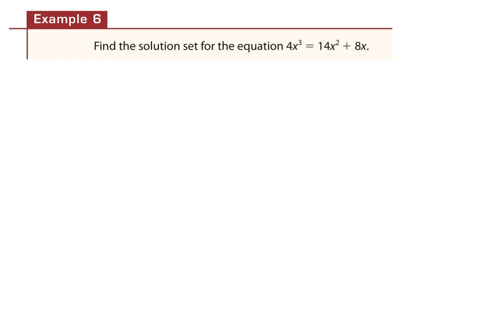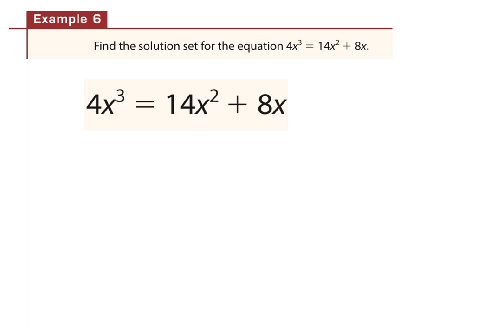All right, so far we've only had ones with squares, all right? What you'll notice about this one is that we have something cubed. So we are going to move everything to one side first, and then we're going to look for some common factors. So I'm going to take this equation and move everything to one side.